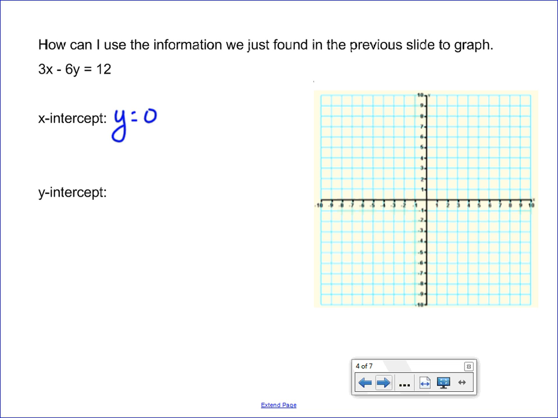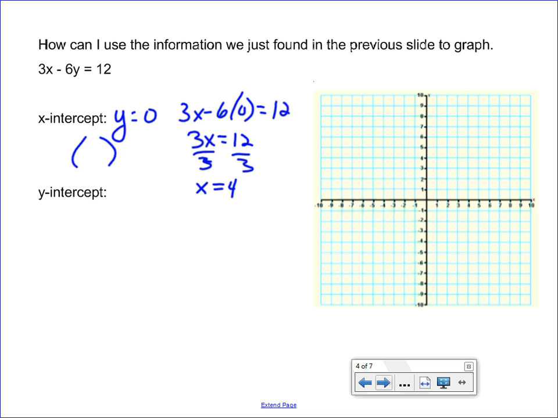I can plug a 0 back into my equation. 3x minus 6 times 0 equals 12. The 6y is gone, so it's just 3x equals 12. If you divide by 3, you get x equals 4, which means the ordered pair would be 4, 0 for the x-intercept. So 4, 0.